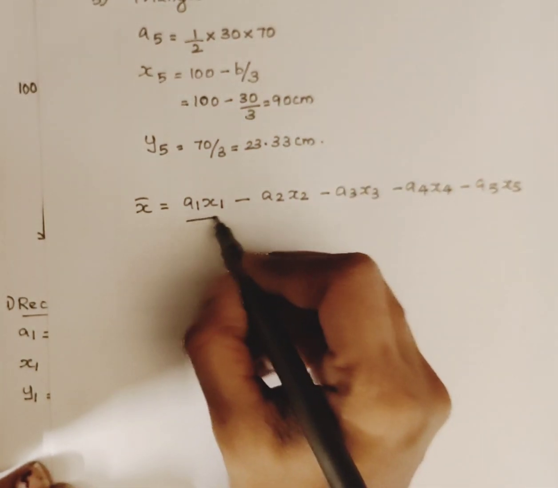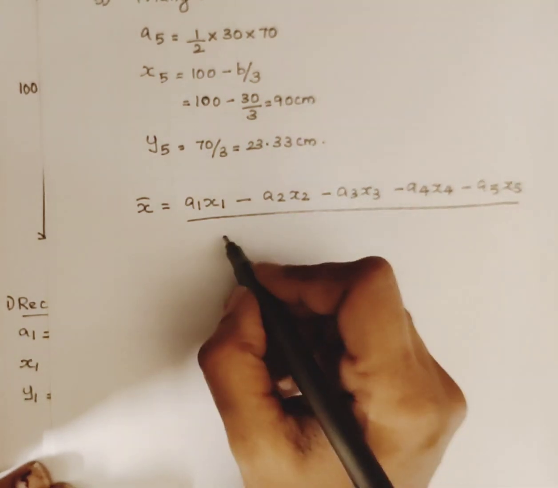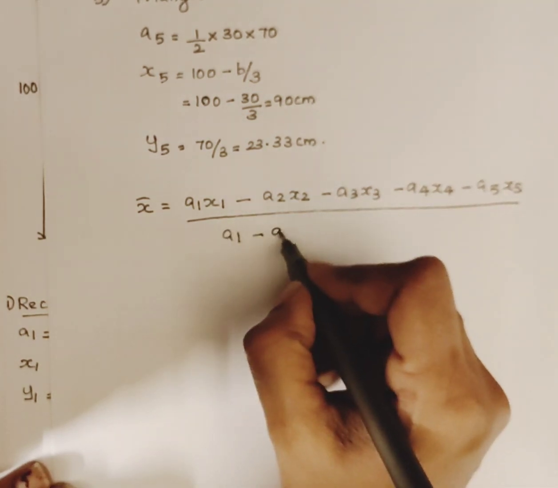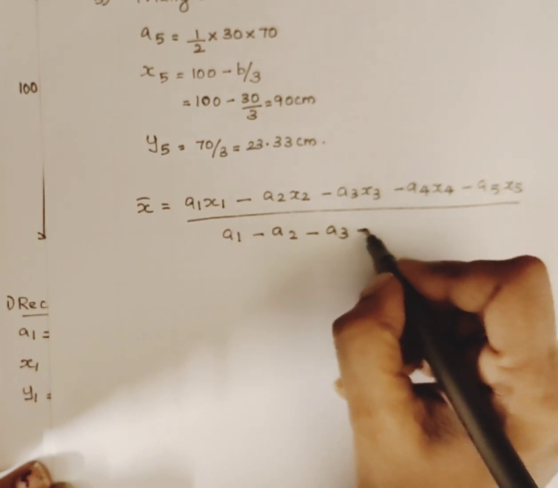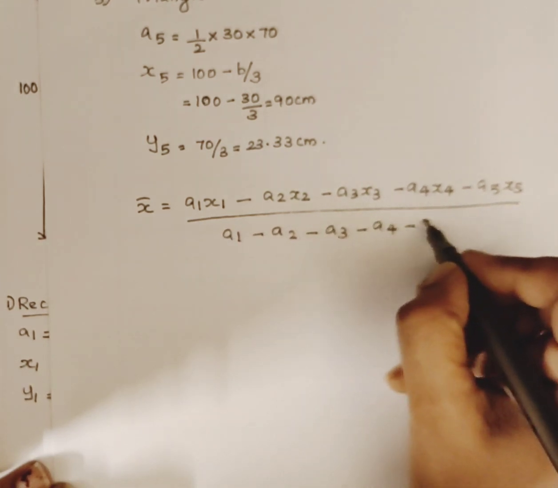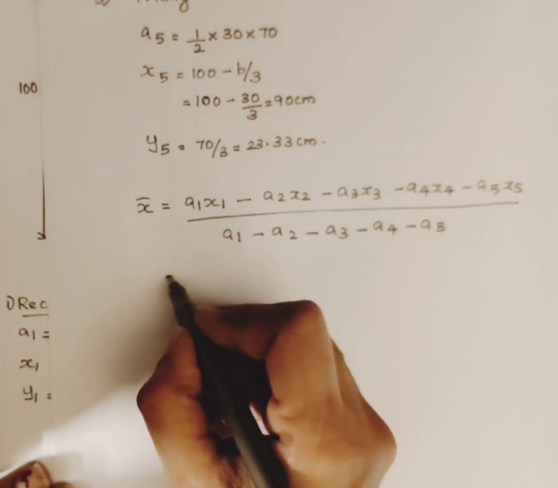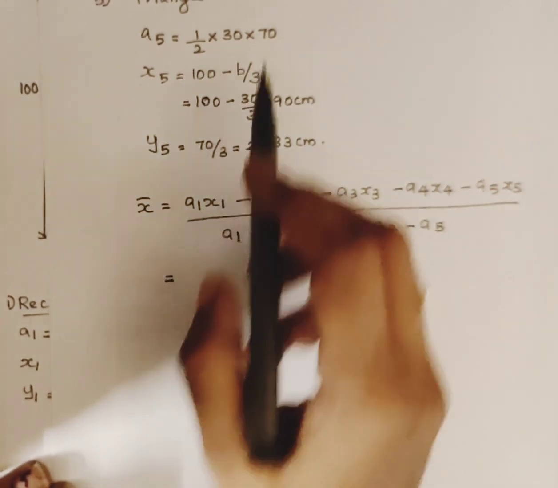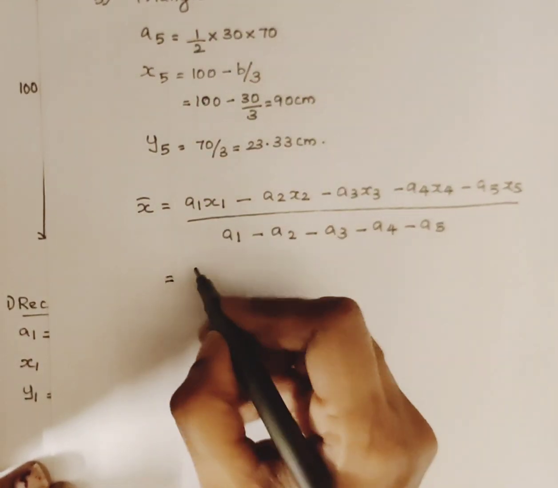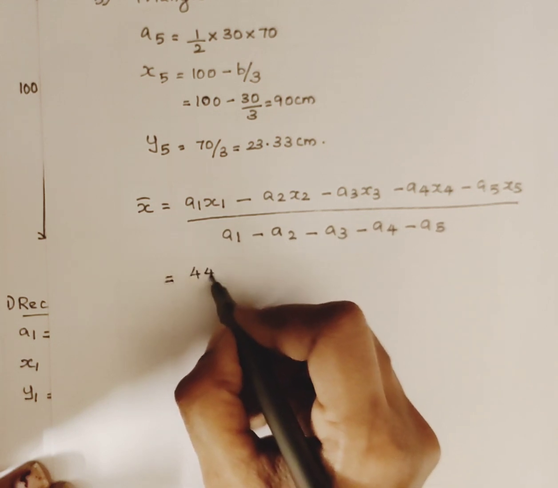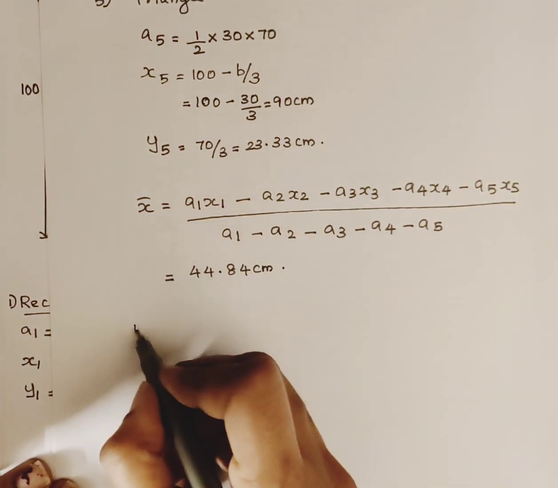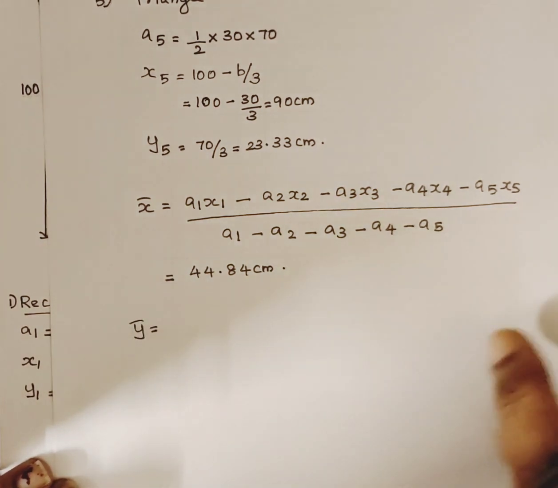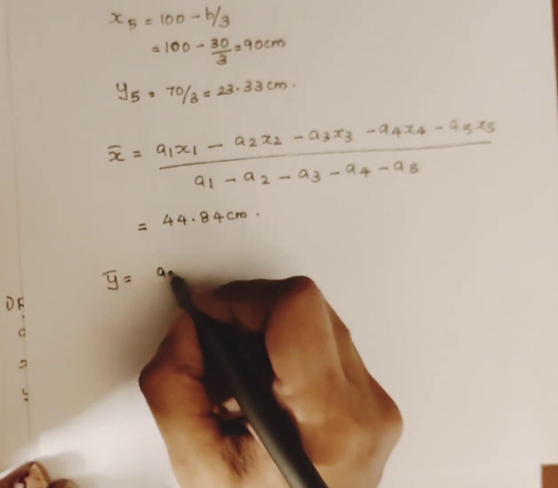So you have to write the equation based on the question, then only you will get mark. Substitute all the values and you will get the answer as 44.84 centimeter.